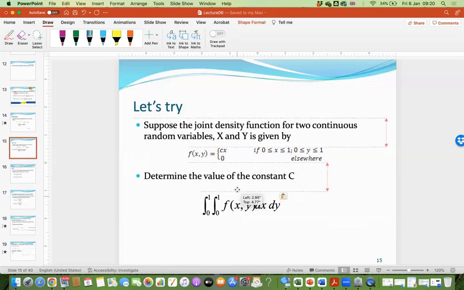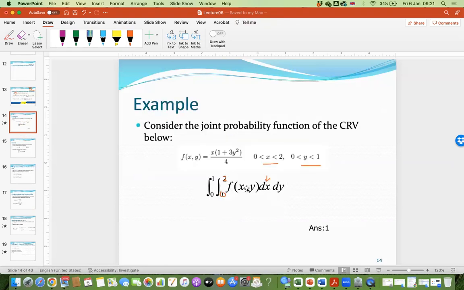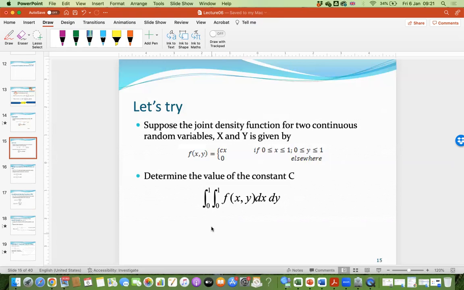It seems your equation only has cx, there's no y. It doesn't matter, still write it there first, and then look at the condition. Remember, we start with dx first. It only covers 0 to 1. Y is also 0 to 1. It's just a coincidence that they have the same condition. If you have a different condition, 1 to 2, then you change it to 1 to 2.